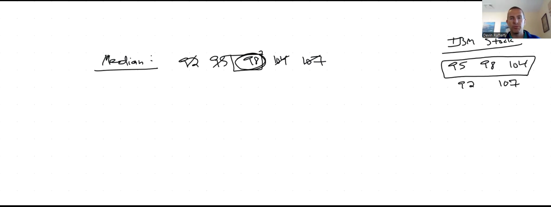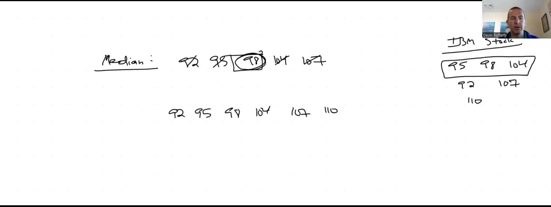Now let's pretend we also had 110. Okay, so in other words, we have 6 days now, right? 95, 98, 104, 92, 107, 110. If we had 6 days, then we would do 92, 95, 98, 104, 107, 110, right?